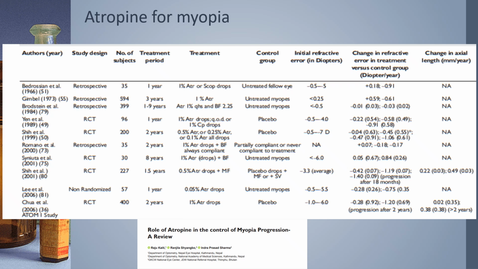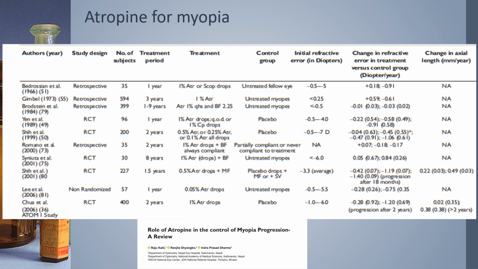What this particular data doesn't tell about ATOM 1, we will see in the next slide. But what I'm trying to say is that it has been a long time since atropine has been used, and even low concentration atropine has been there. Way back in 2006, there is an article where they used it, although it was a non-randomized study, just to show it.